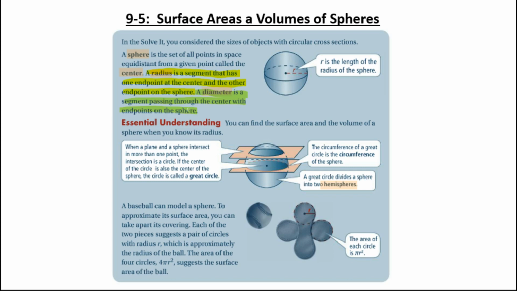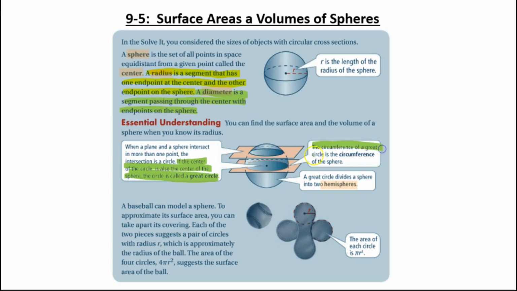There is some new terminology when we get down here. We have what's called a great circle. If you cut the sphere in half right at the middle, what you have there is called a great circle. It includes the circumference of the great circle.